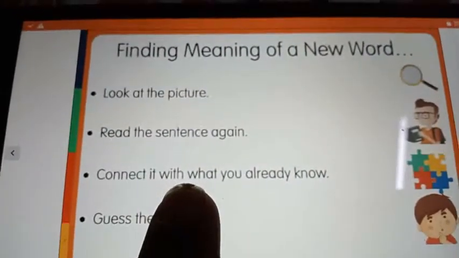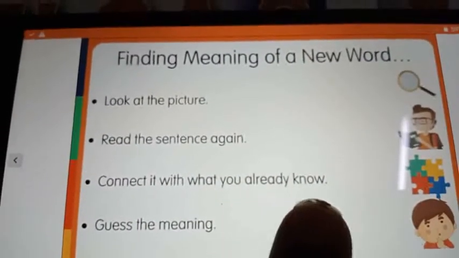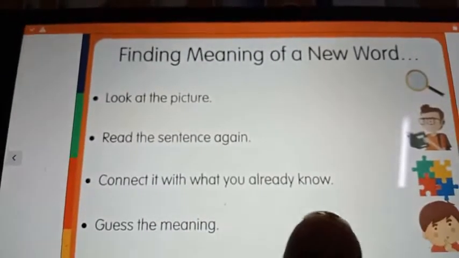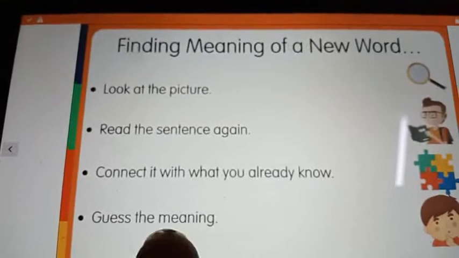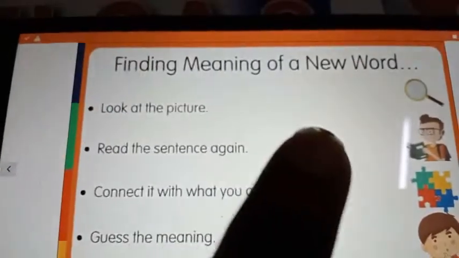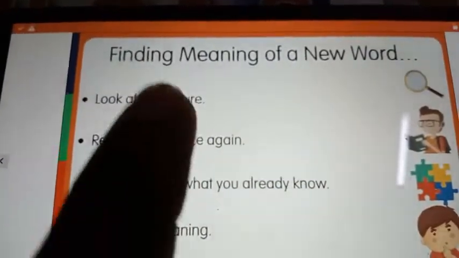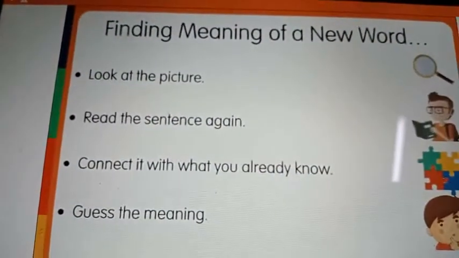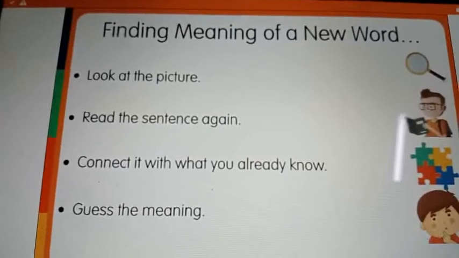Connect it with what you already know about that story. Next, guess the meaning. You have to find the meaning of a new word. Okay. Shall we move to the story page?